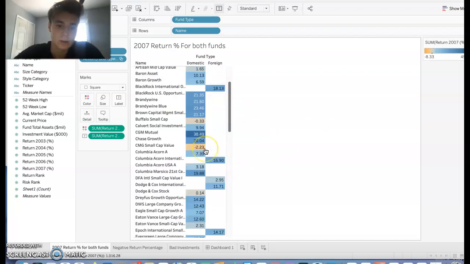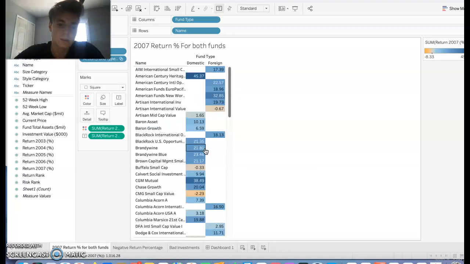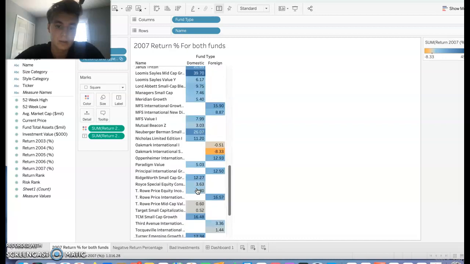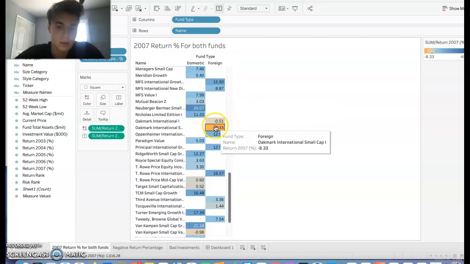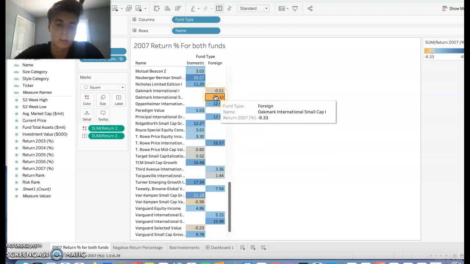But as I was going down, I really wanted to focus on the negative ones. As you can see, we've got Artisan International Value at negative 0.67, Buffalo Small Cap at negative 0.33, and CMG Small Cap at negative 2.23. And you can go down and see some more really bad ones, like Oak Market International Small Cap, with a really, really low percentage there. So I wanted to focus on these negative percentages.